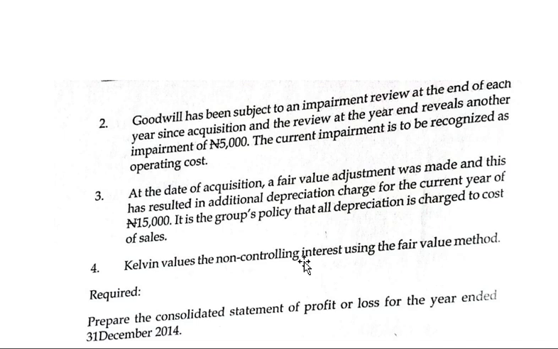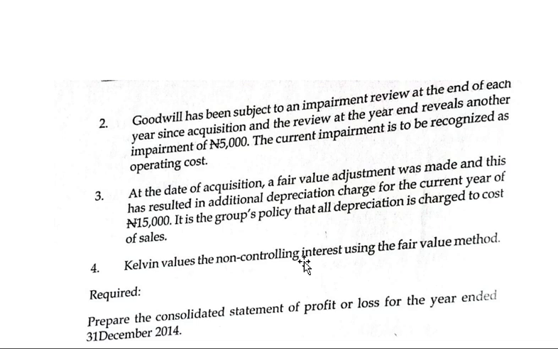I told you that there are two methods that you can use to value goodwill according to IFRS 3, proportionate and then the fair value method. If it's proportionate, it means that whatever loss and whatever depreciation, any charges as it were, will only be borne by the parent. But if it's fair value, the two of them will share the losses.